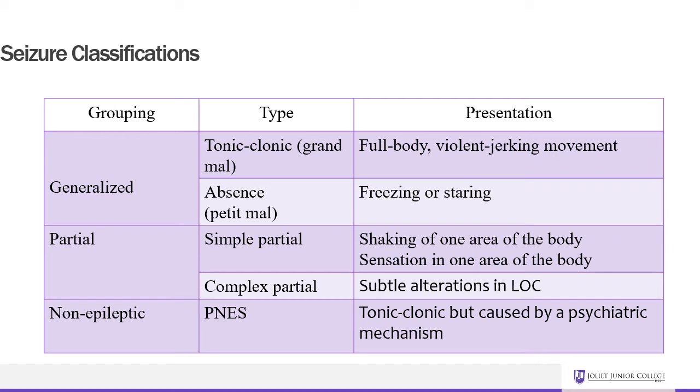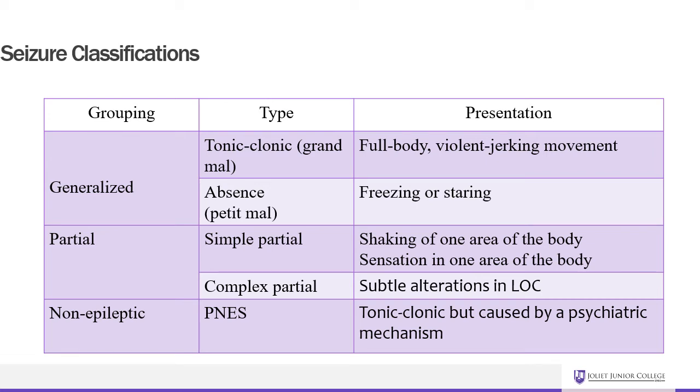Partial seizures, we can have a simple partial seizure that is shaking of one area of the body or sensation in one area of the body. But again, with those, there's no altered level of consciousness. When we get into the complex partial seizures, now we see subtle alterations in level of consciousness, but not with the patient going unconscious. They'll do activity.